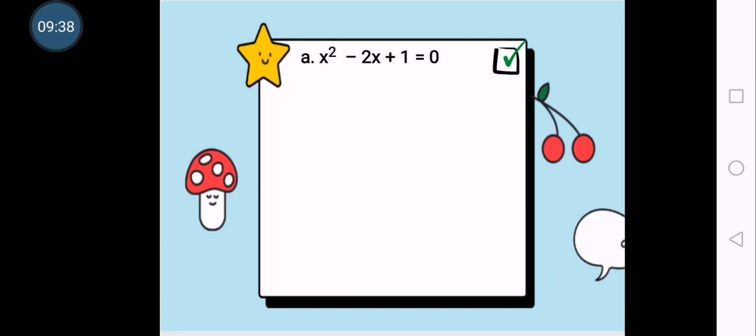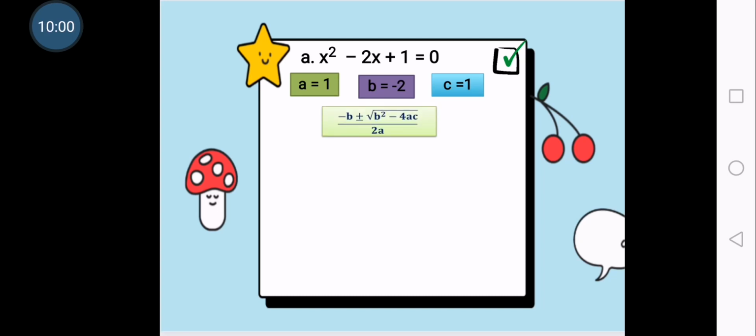Gamit ang same equation, alamin natin ang value ni a, ni b, and c. So, ang a ay 1, b is negative 2, c is 1. Or the quadratic term is 1, the linear term is negative 2, and the constant term is 1. And gamitin natin ang quadratic formula and substitute.